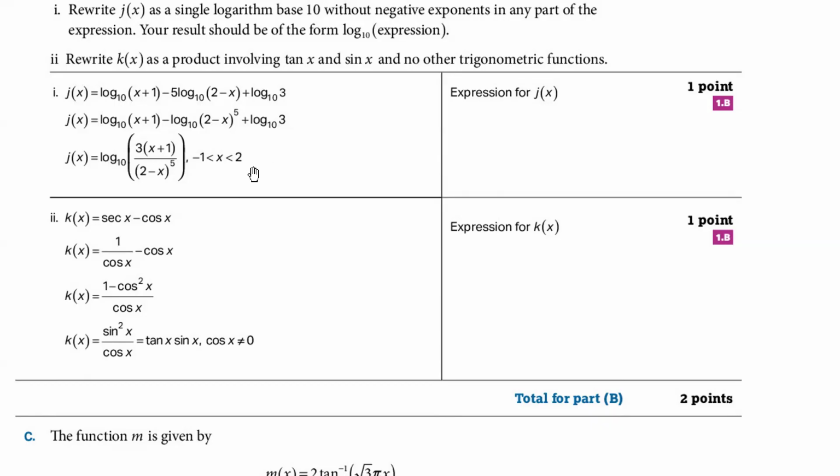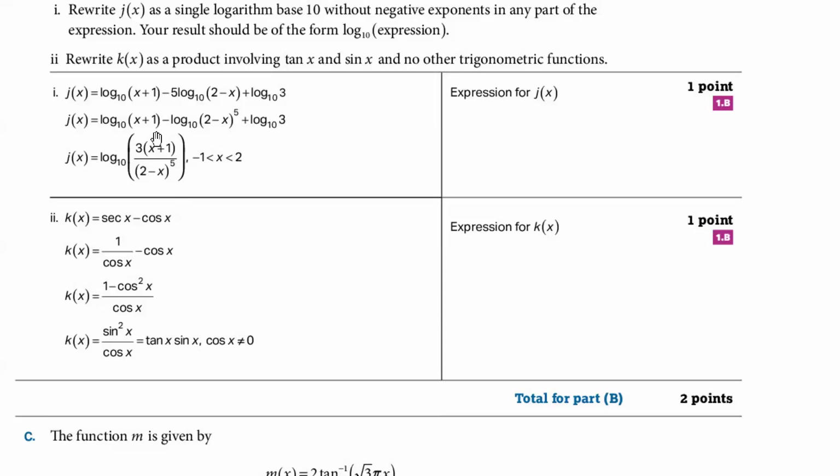And then it asks you to include the restriction. So there's a restriction because what can't happen in the denominator? The denominator can't equal 0. So you're asking for the values that would make your denominator equal to 0 or make your argument equal to 0.